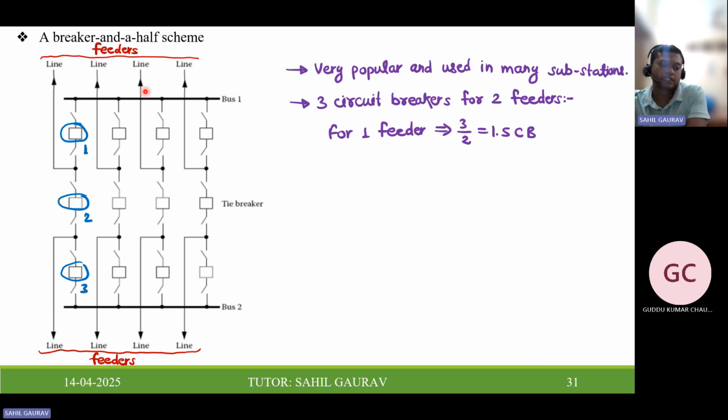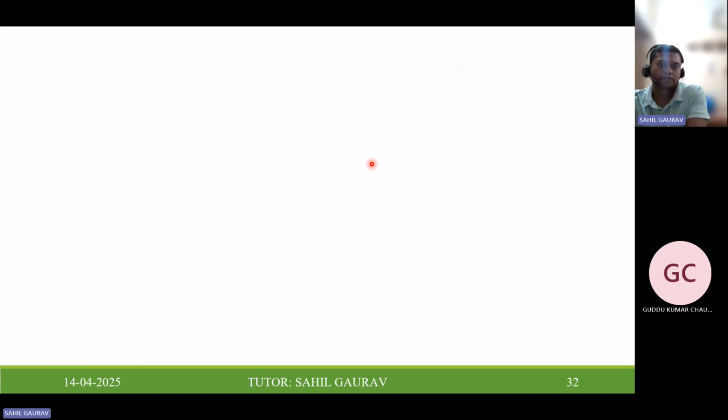One important scheme for bus arrangement is the breaker and a half scheme. This is very popular and used in many substations. Why is it called that? Because we are using 3 circuit breakers for 2 feeders, which means for 1 feeder we are using 1.5 circuit breakers. That's why we call it a breaker and a half scheme.